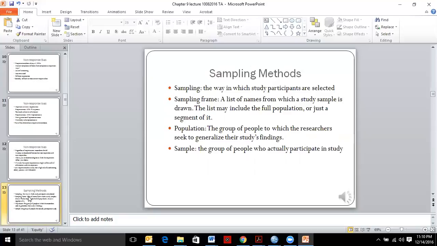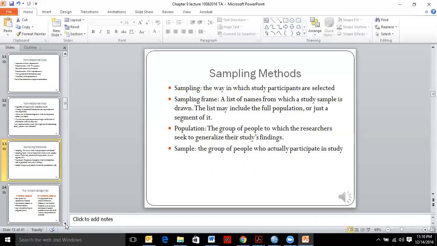In this sample, we include the participants or individuals whose findings we will use to have an idea about the target population, or who will be representative of the target population.